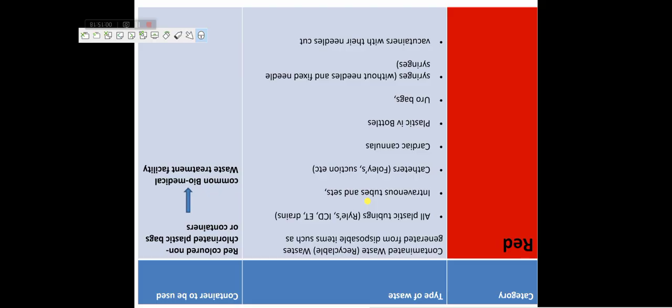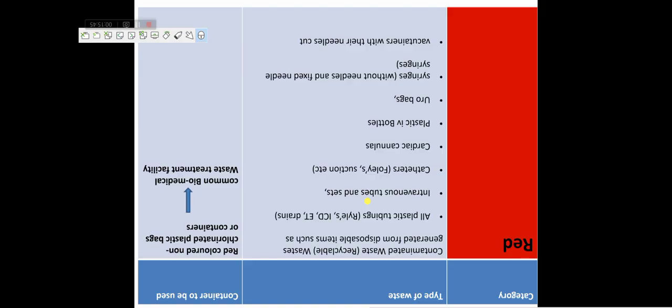And intravenous tubes and sets will also come in this red bag. Catheters and cardiac cannulas, all these plastic things will come in the red bag. Plastic IV bottles, urobags, and syringes, vacutainers with their needles cut, right? Needles should be cut, otherwise they can harm someone.